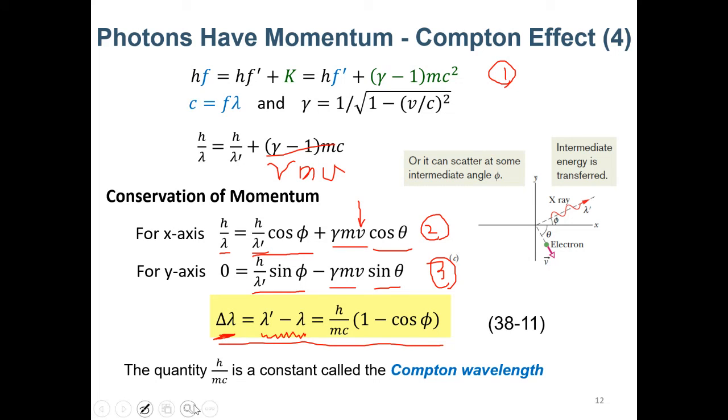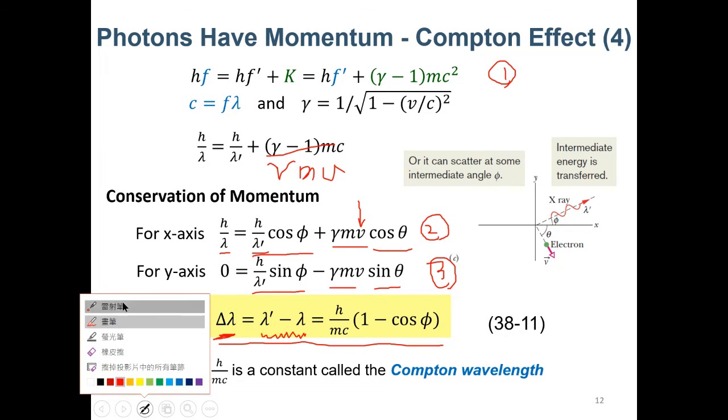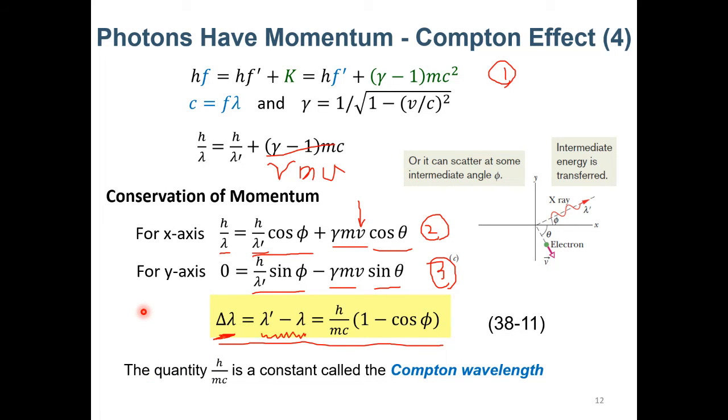But what is the meaning of this? According to this equation, conservation of energy and conservation of momentum should always be satisfied if there is some particle collision. We find that if the scatter angle is 0, which means that it goes through, then the lambda doesn't change.